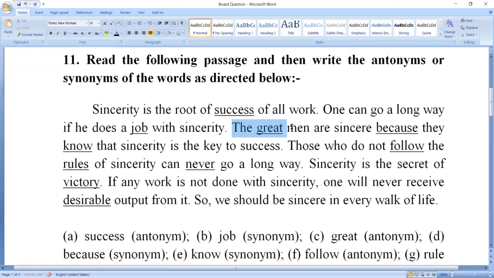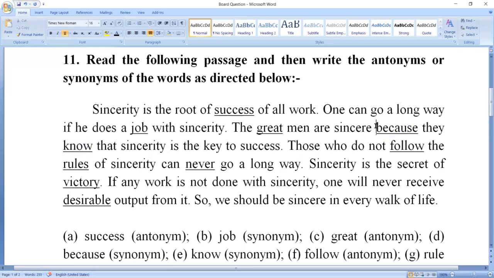That is, the great men, those who have been famous or reputed for their different particular works or activities, we call them great. And the great men are sincere because they know that sincerity is the key to success. So what does the word know mean? We know that. Even we know the meaning of because.